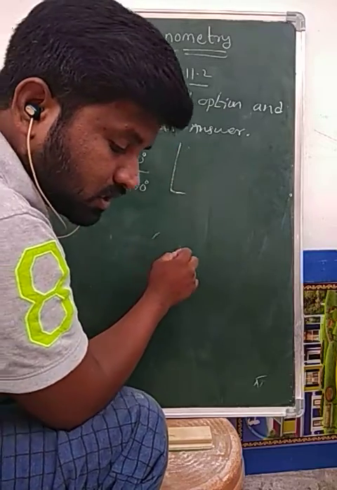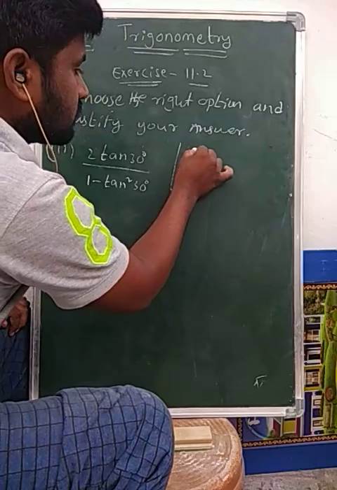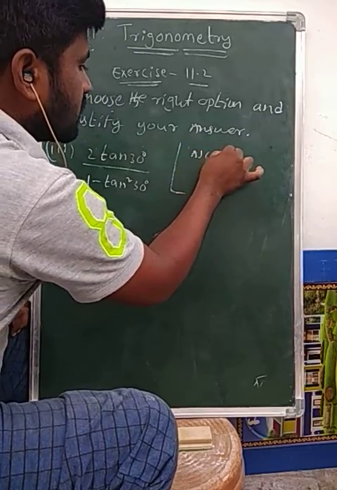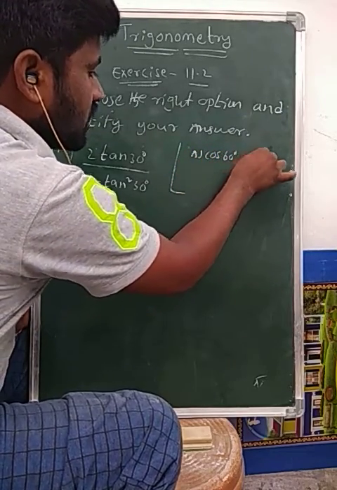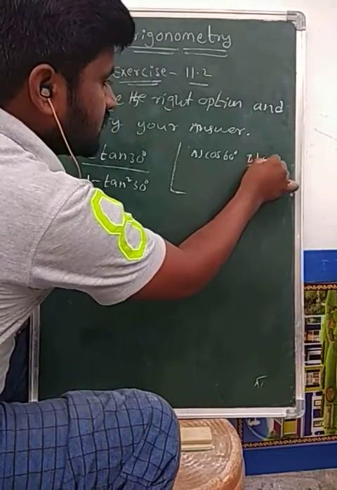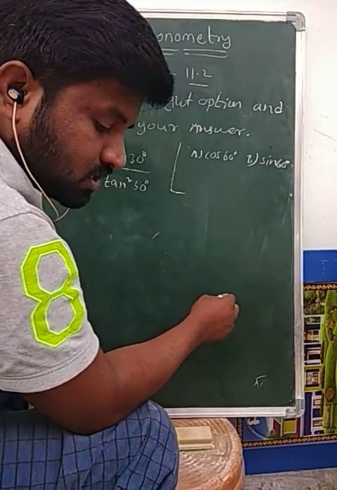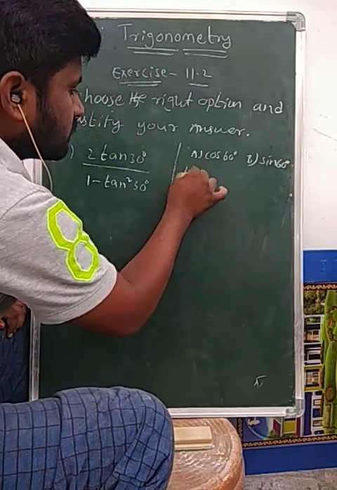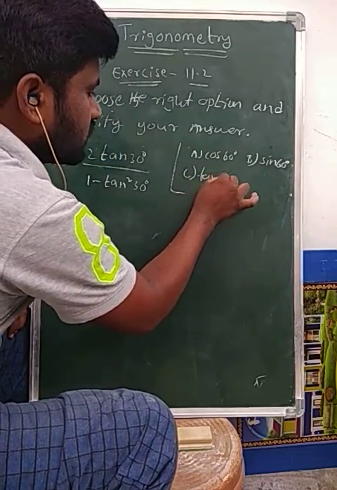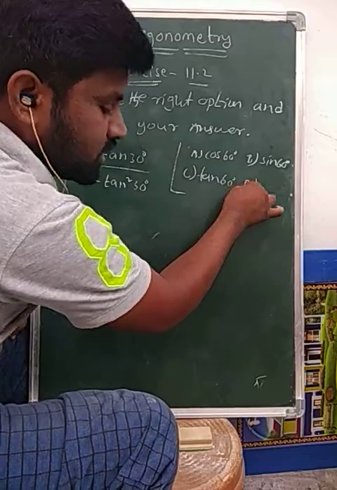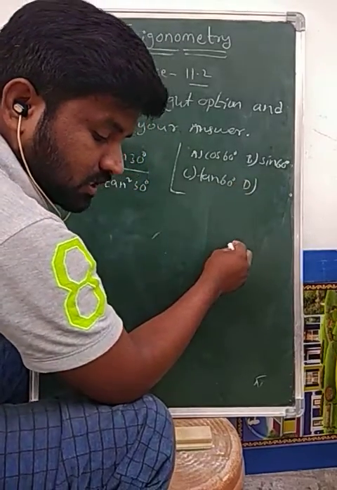The required options are given: option A cos 60 degrees, option B sin 60 degrees, option C tan 60 degrees, and option D sin 30 degrees.